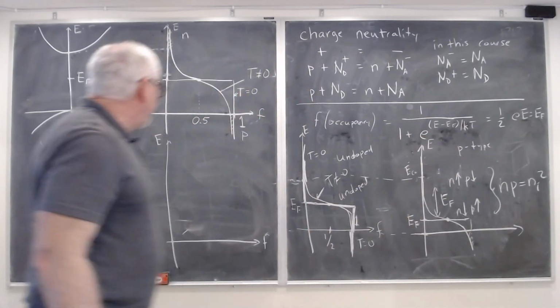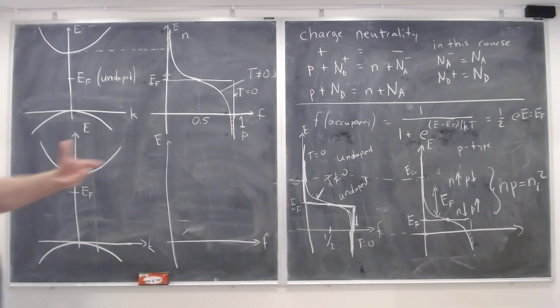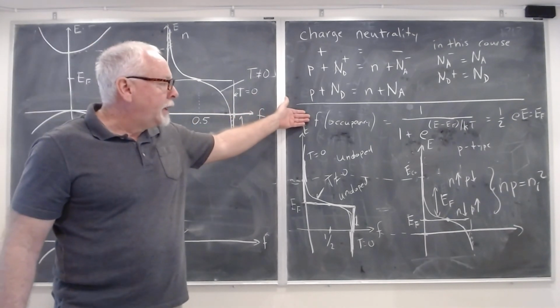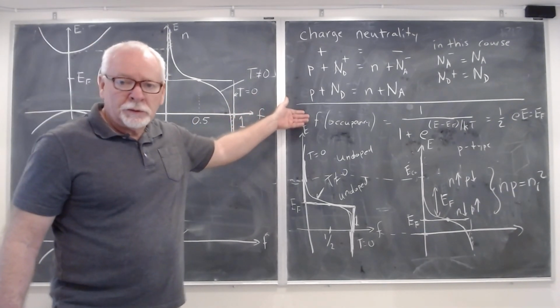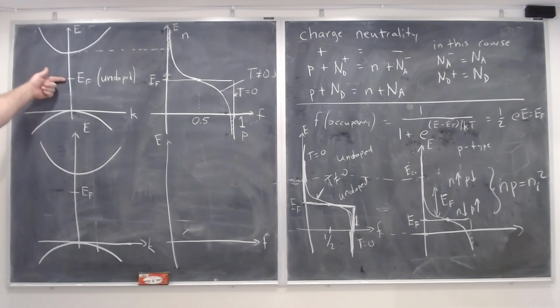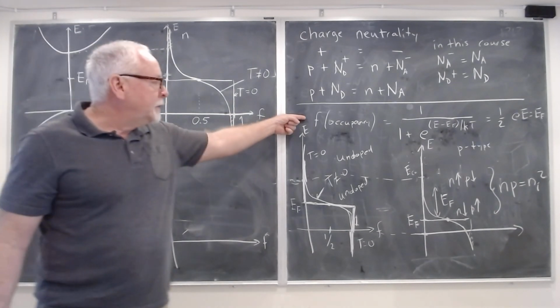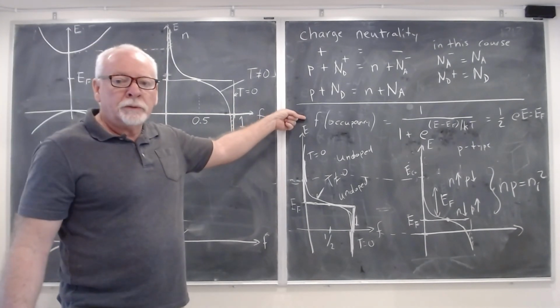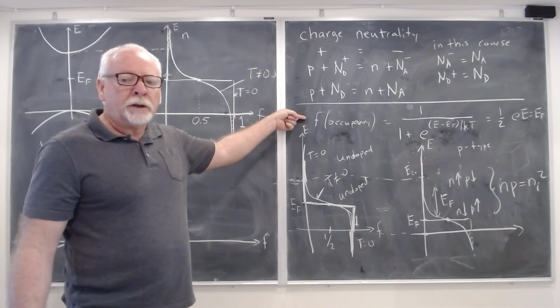All right, now, because the distribution has to obey this, if I dope it and put in donors, to get more electrons, EF has to move up because the occupancy of the conduction band has to go up. It can't help not going up.